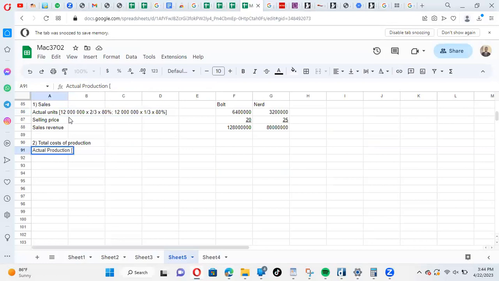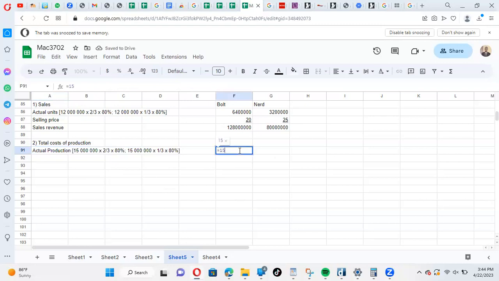I think it was 15 million from the question. So 15 million times 2 divided by 3, since that ratio is being maintained and it's 20% less. And then again, 15 million times 1 divided by 3 times 80%. So we put that there.